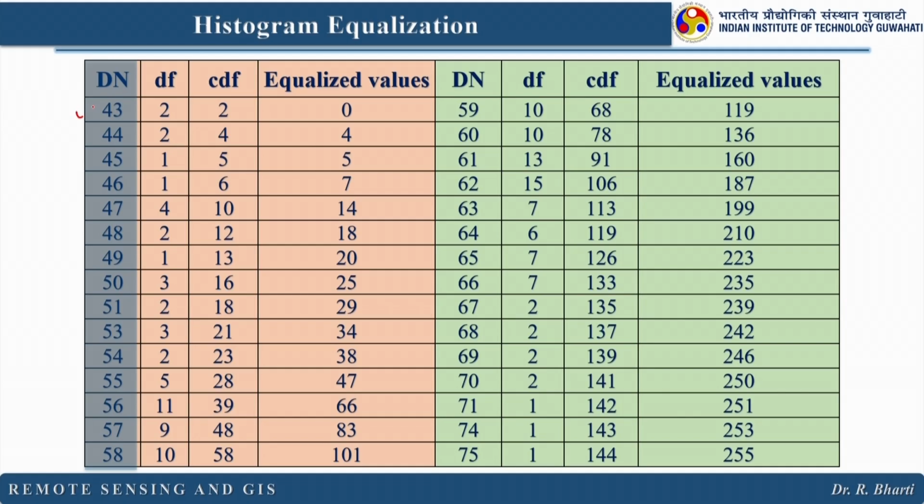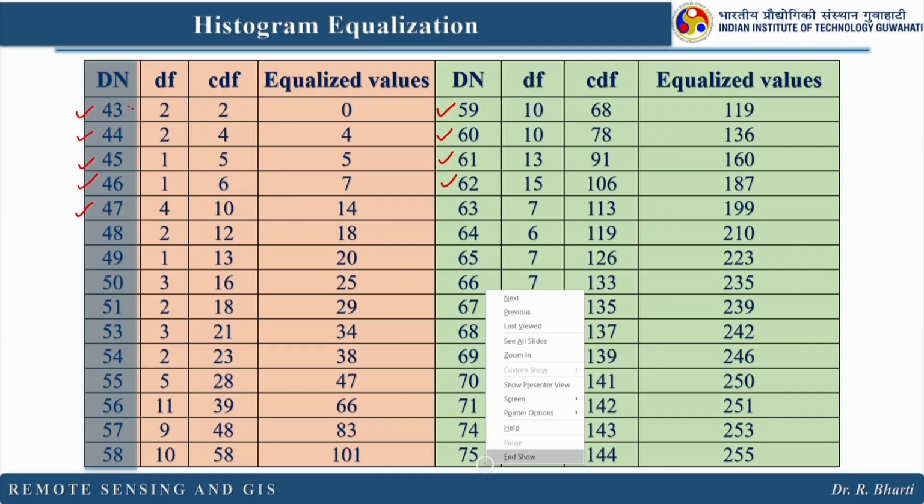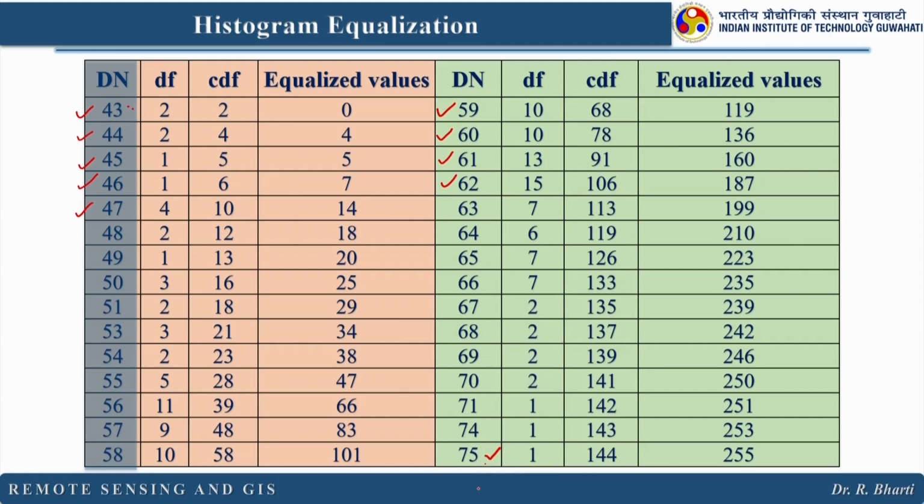These are the unique DN values, starting from 43 and ending at 75. Remember that this is 8 bit data, so your range should be 0 to 255, but it has occupied only 43 to 75. That means 0 to 42 and 76 to 255 are still available to you.